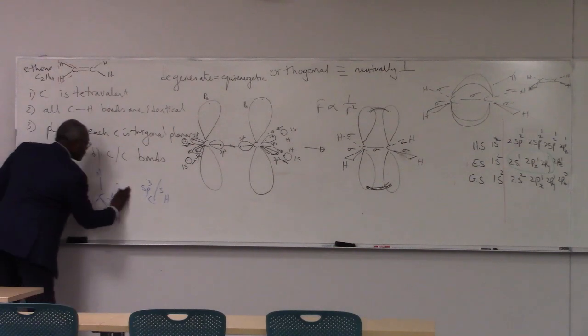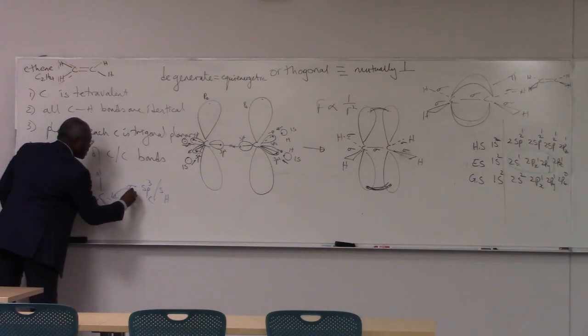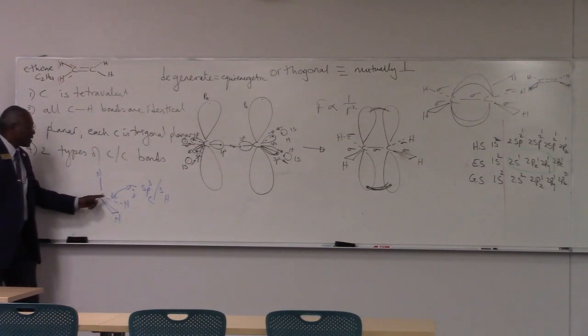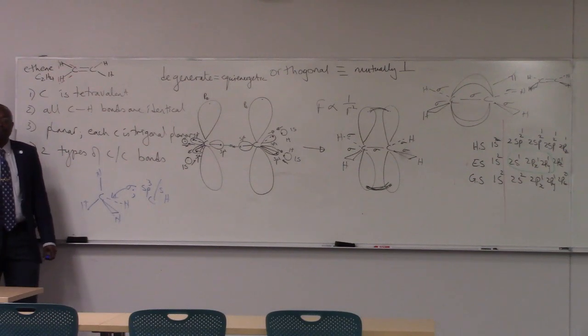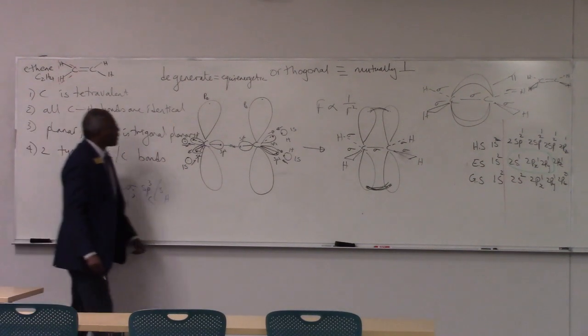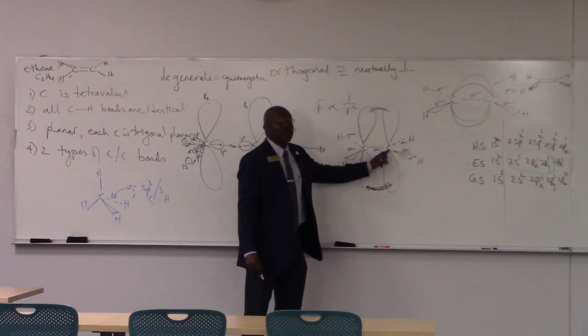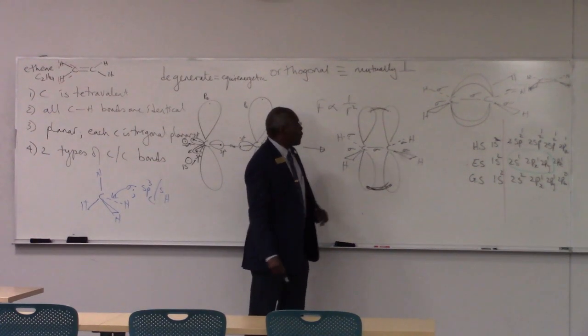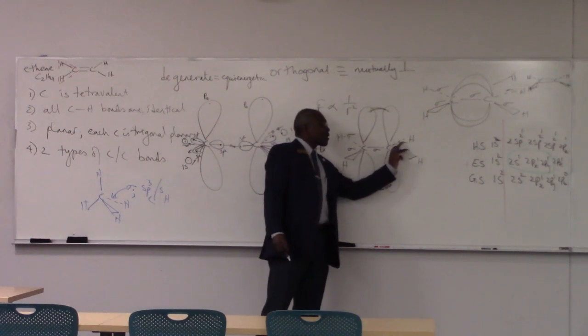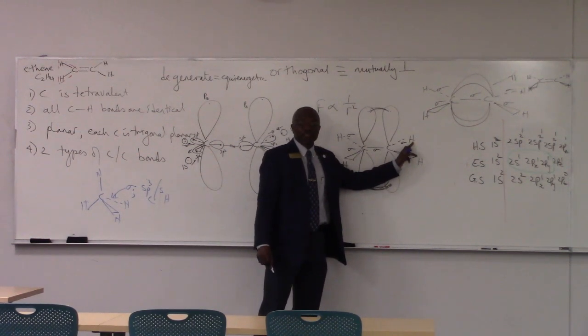And that bond was sigma. We have a sigma bond between the sp2 of carbon and the sp2 of carbon. We have sigma bonds between the sp2 of carbon and the s of hydrogen.